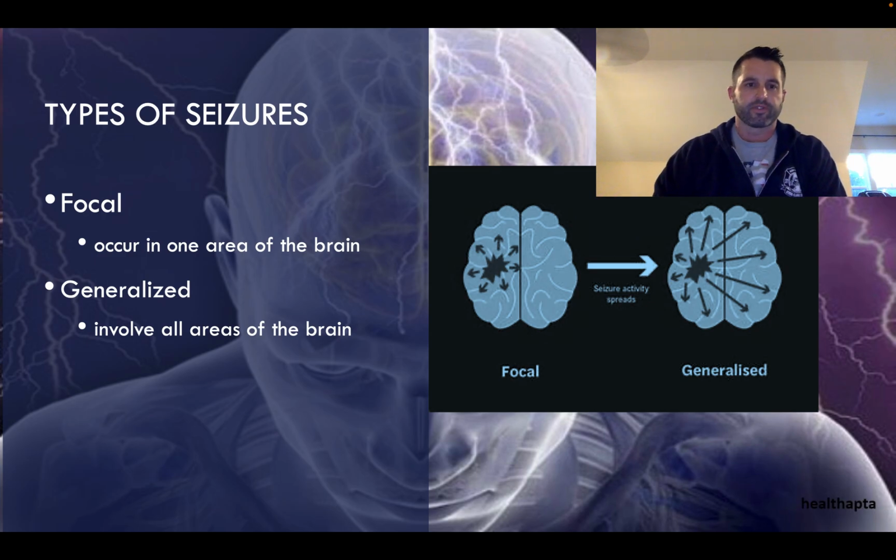So, a very brief description of the two types: focal is focusing on one area of the brain, while in a generalized seizure all areas of the brain are affected.